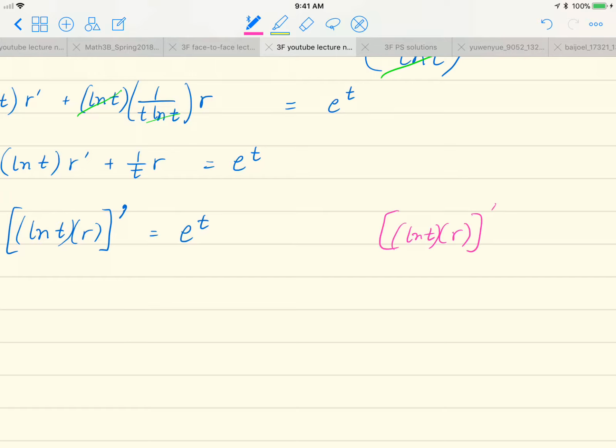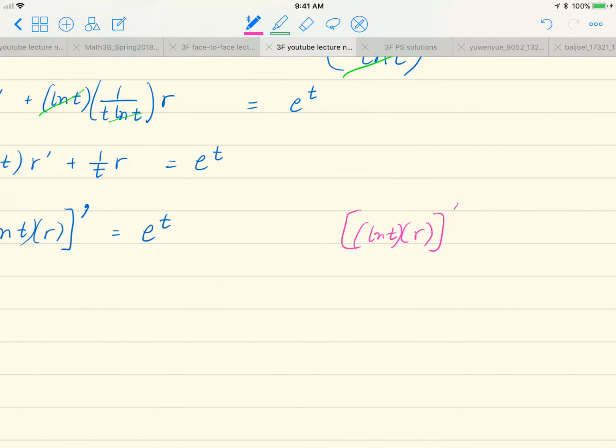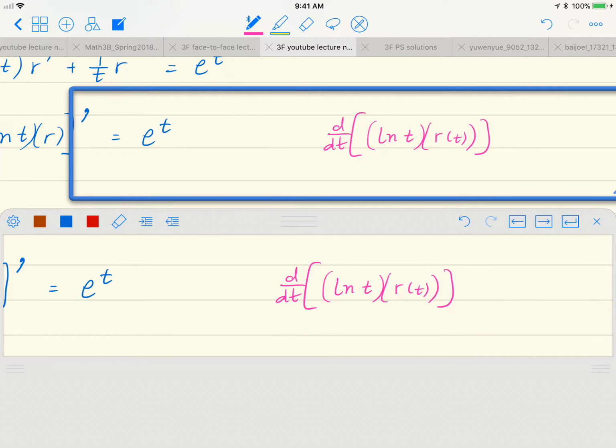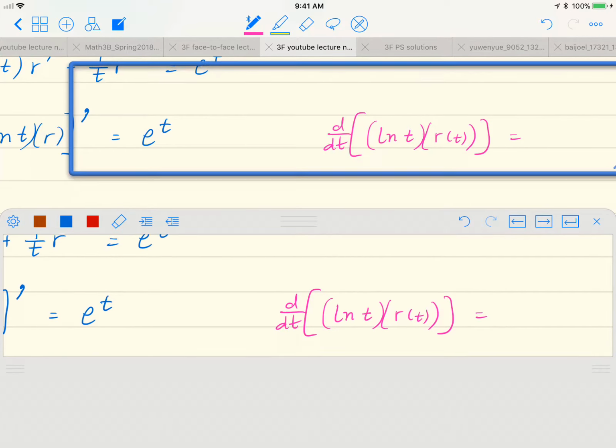So if I've got natural log of t times r, now here's the deal. Let me rewrite this, showing what we're really working with. So we've got natural log of t, and then we've got r of t, right? Because remember, r is a function of t, and I want to take the derivative with respect to t of that. Now what do we do?